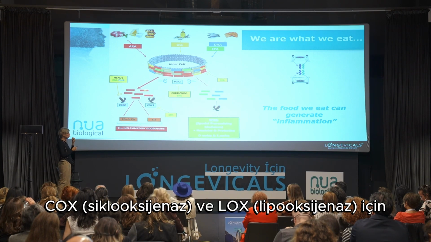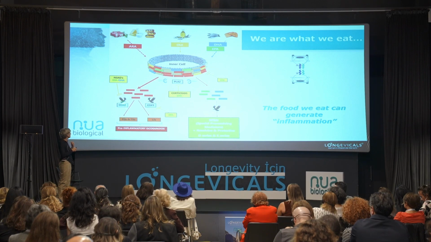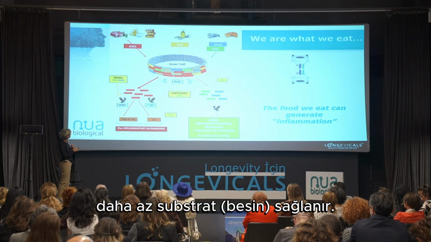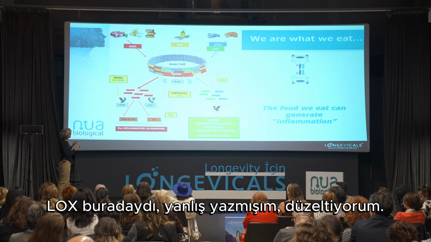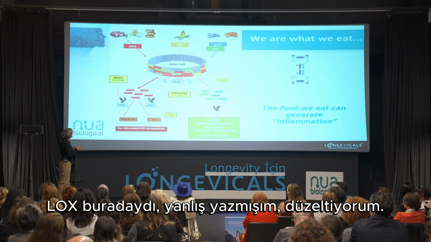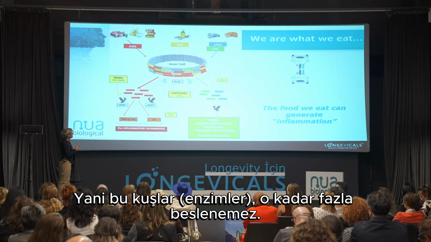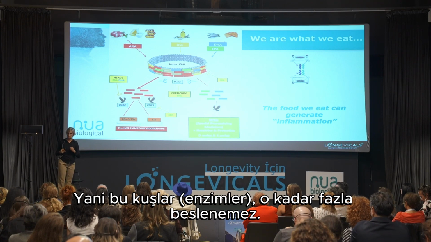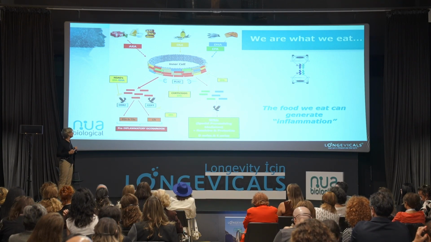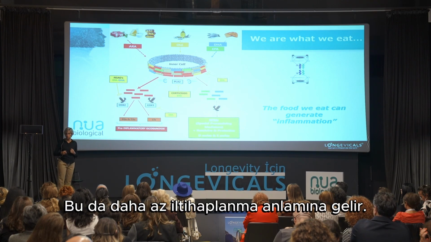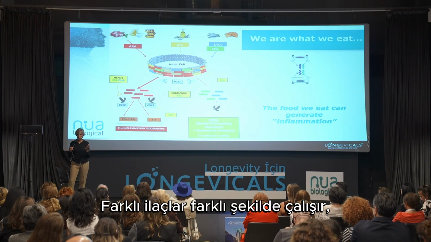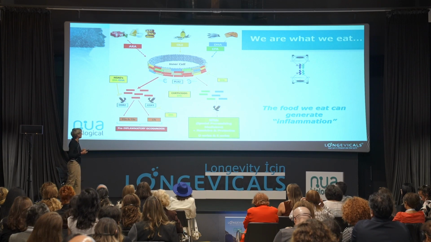So there's less food for COX and LOX. Sorry, this is LOX, I've missed that one. So this here won't be able to eat so much. So there's less inflammation. So there are different drugs that work differently, okay?